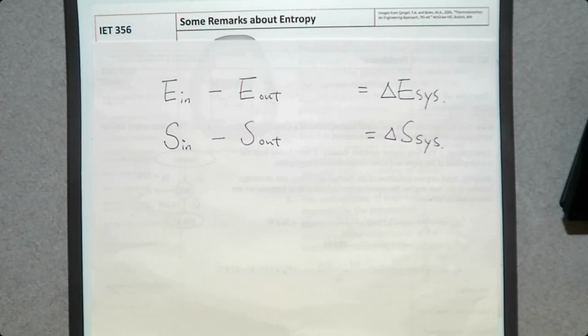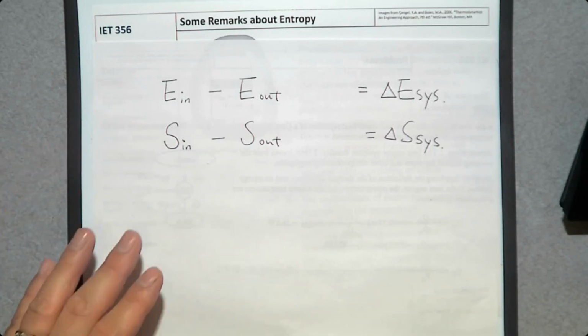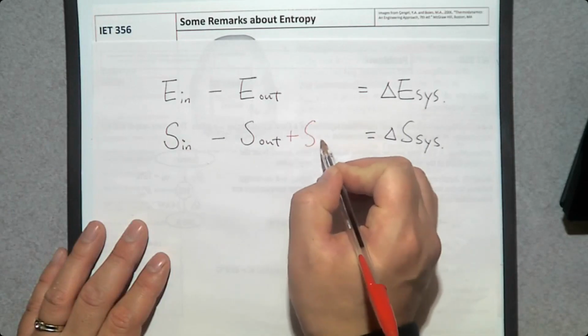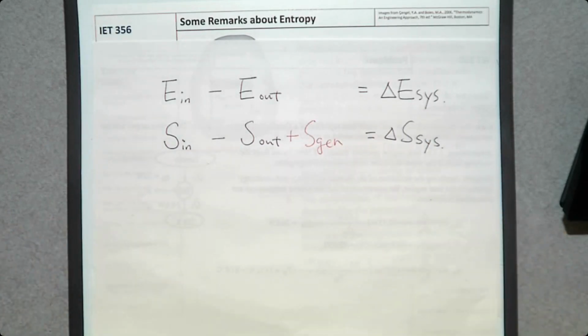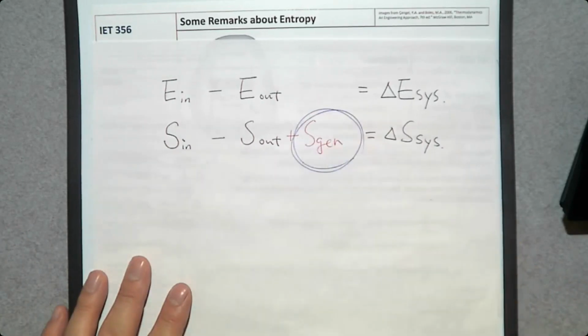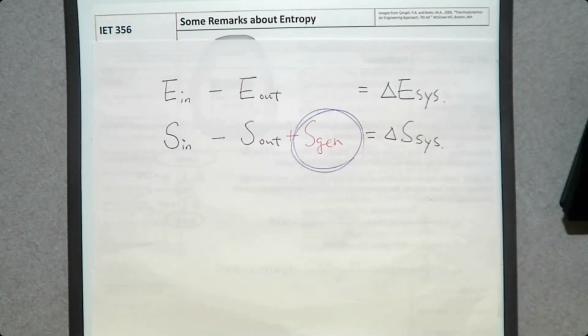Then what if I add another term that represents the increase of entropy, the entropy generation? Then this equation works. Then if you can solve this equation, what can you determine? How much entropy is generated? By using the entropy balance equation, you can determine how much entropy has been increased by that process.